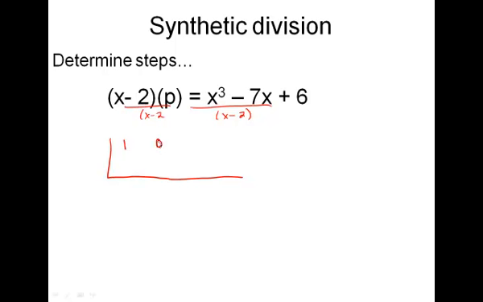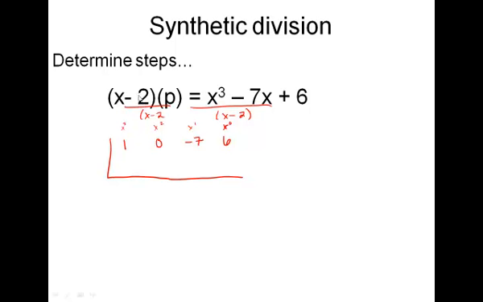We still do need placeholders: this is x to the third, x to the second, x to the first, and then x to the 0. If you want to, you can put that there just to remind yourself. And then remainder, x to the 0. Those are just there to remind ourselves that we needed a placeholder for each one.